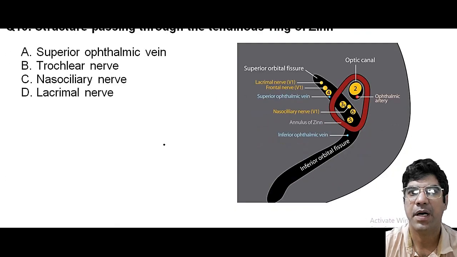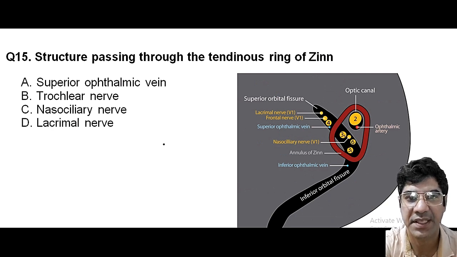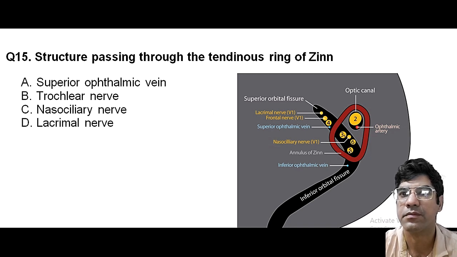The structures that pass through tendinous ring of Zinn. The answer is C, nasociliary nerve. The nasociliary nerve, that is a branch of ophthalmic nerve, passes through the tendinous ring of Zinn. So this one is the tendinous ring of Zinn.